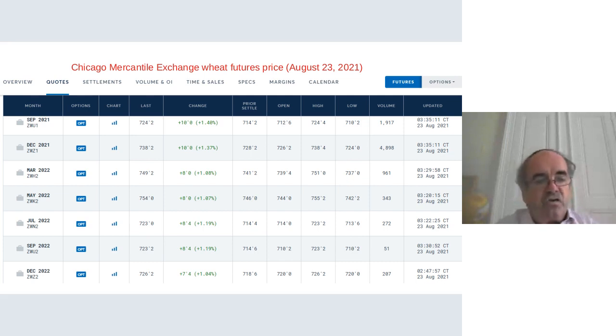And as I told you, the longer the period, the higher the storage cost. Because storing wheat till December is not so expensive. Till March 2022, it's more expensive. Till May 2022, it's more expensive again. So the storage cost is increasing with time.